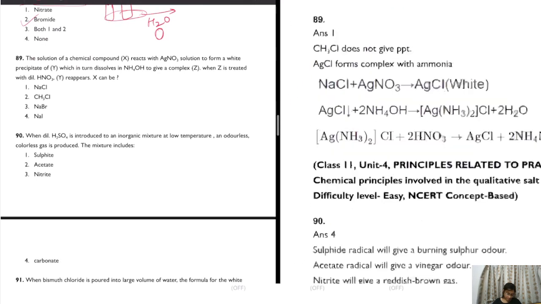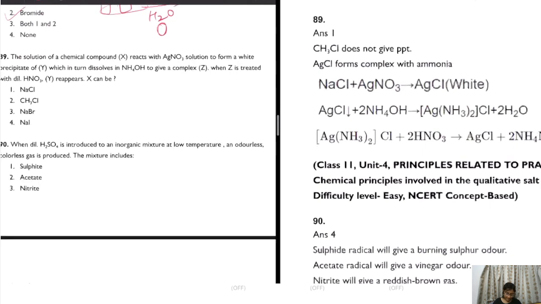The solution of a chemical compound X reacts with AgNO3 solution to form a white PPT of Y, which in turn dissolves in NH4OH to give Z. And when it is treated with HNO3, we again get Y. What can this be?